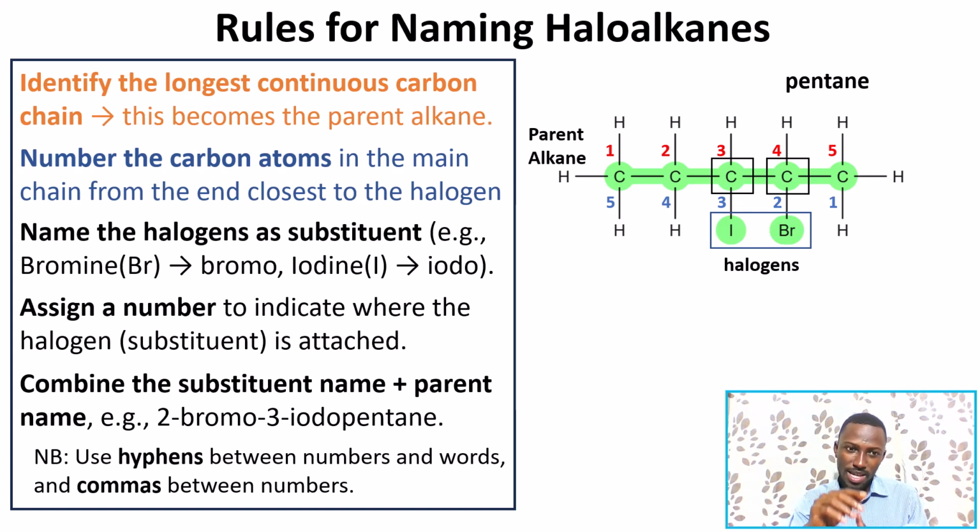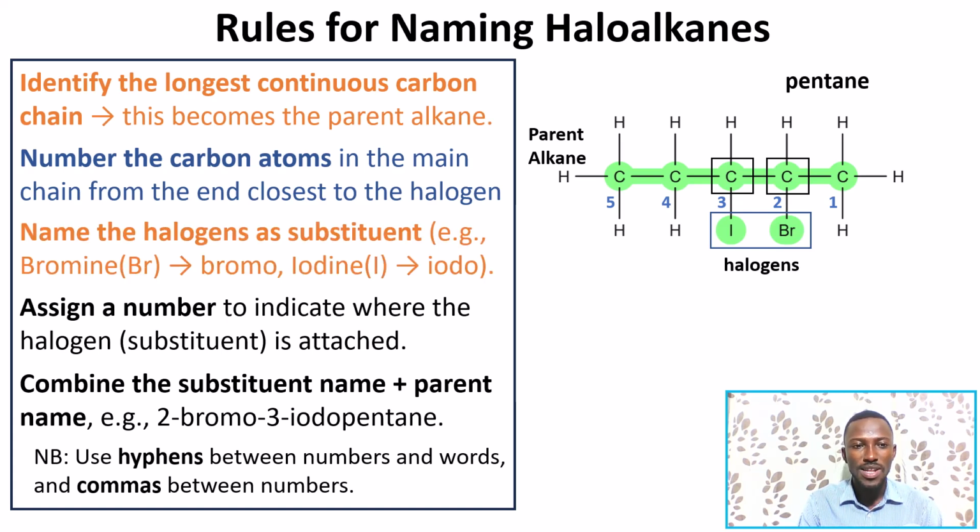So we see, number the carbon atoms in the main chain from the end closest to the halogen. That means we disregard the red numbering and focus on the blue, because the blue gives us the lowest possible location for the halogens, I and Br, iodine and bromine. Now that has been sorted out, right?